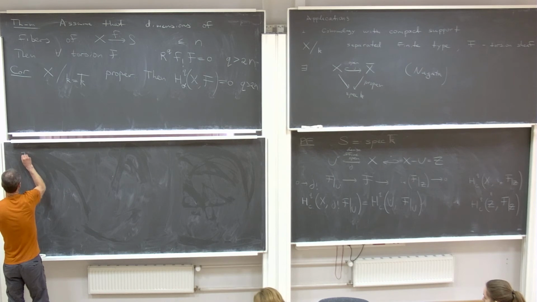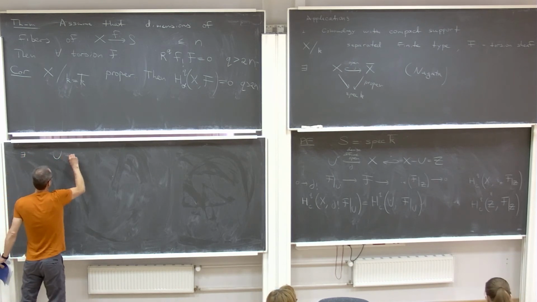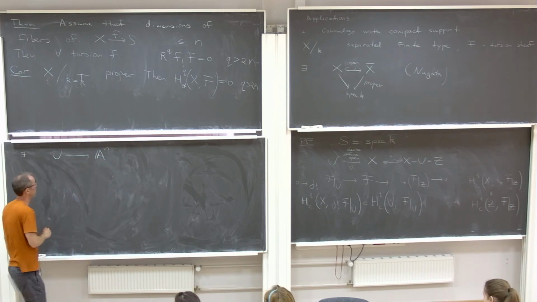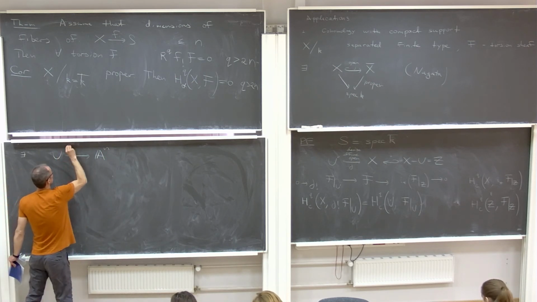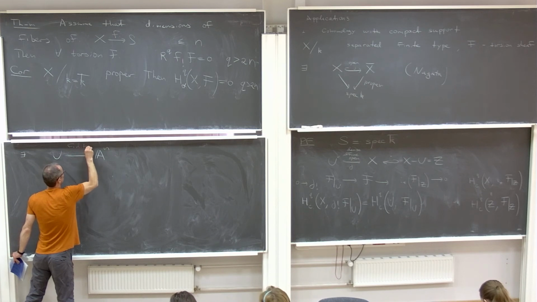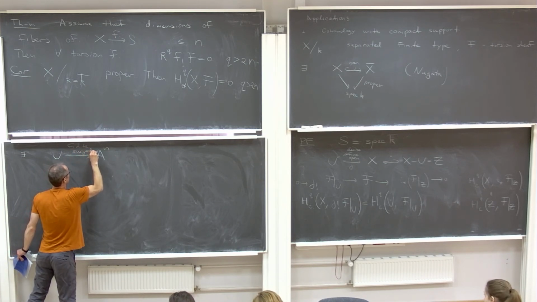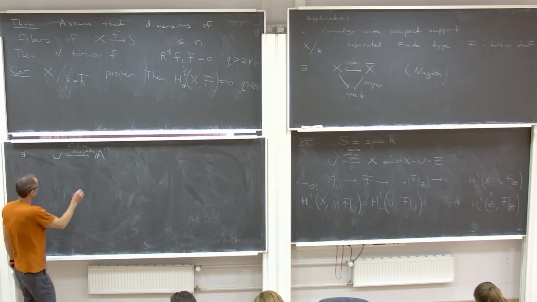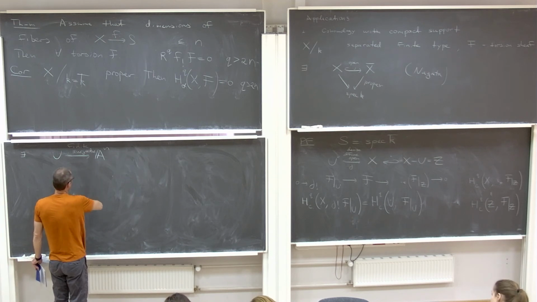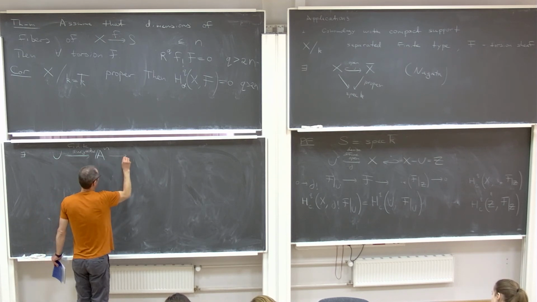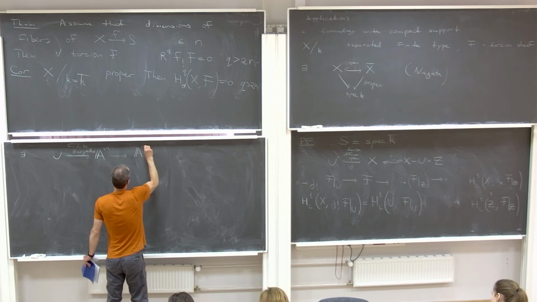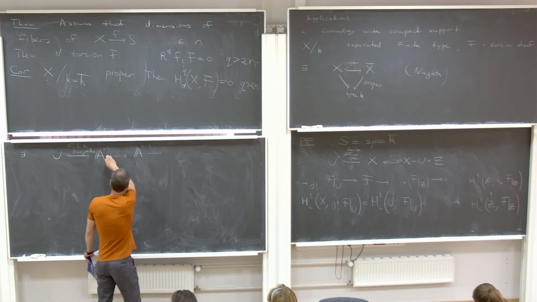So there exists a finite surjective map to an affine space. And now I will consider projections.